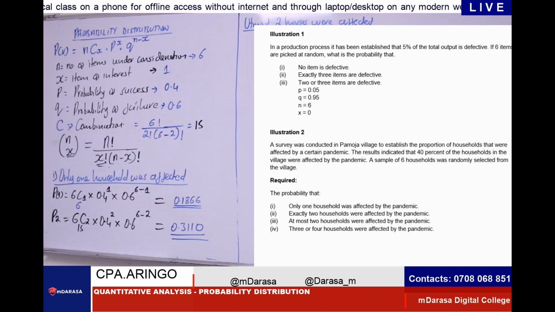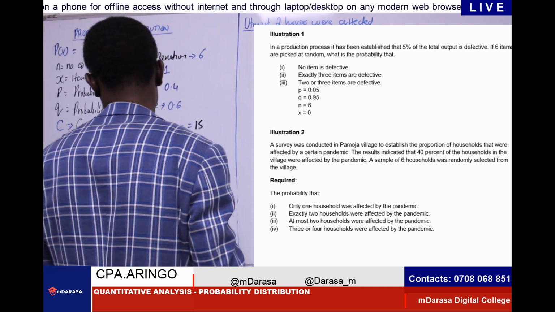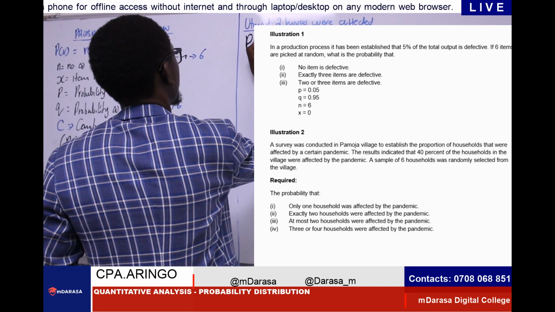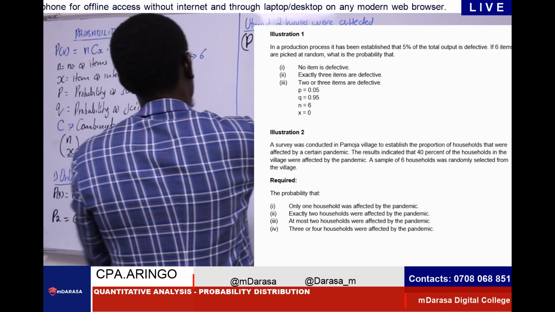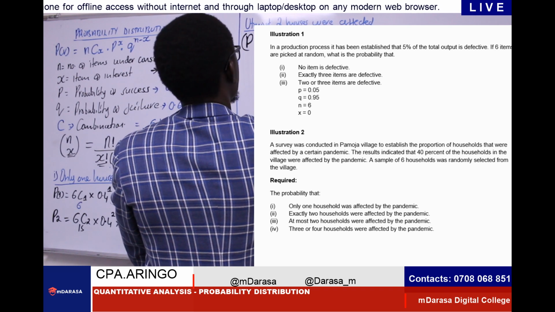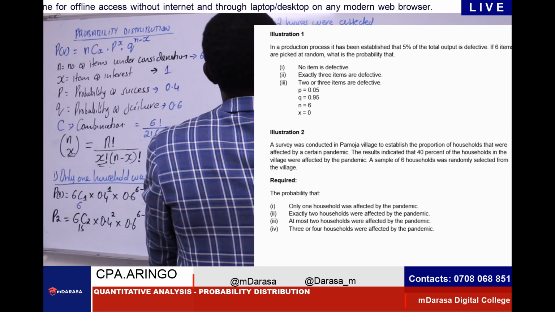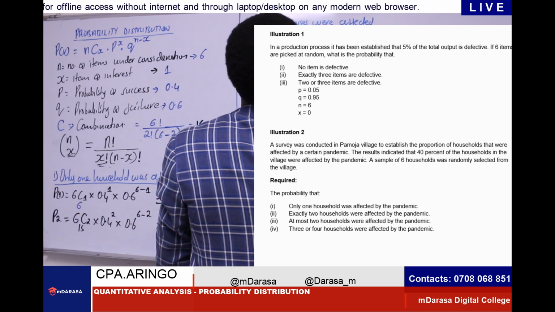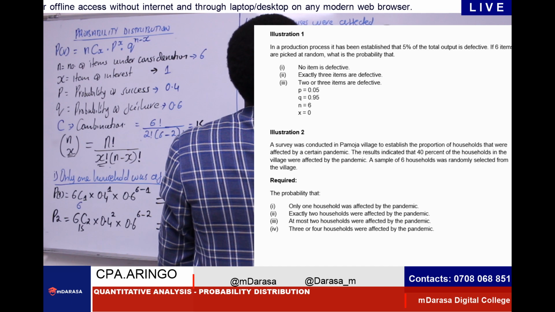I want us to work it out very quickly here, just using the simple way that Mwalimu has shared with us. Probability of 3: we have 6 C3 times 0.4 raised to power 3 times 0.6 raised to power 6 minus 3.